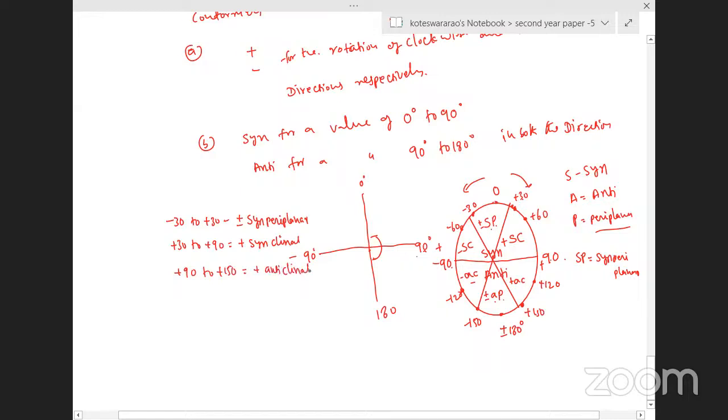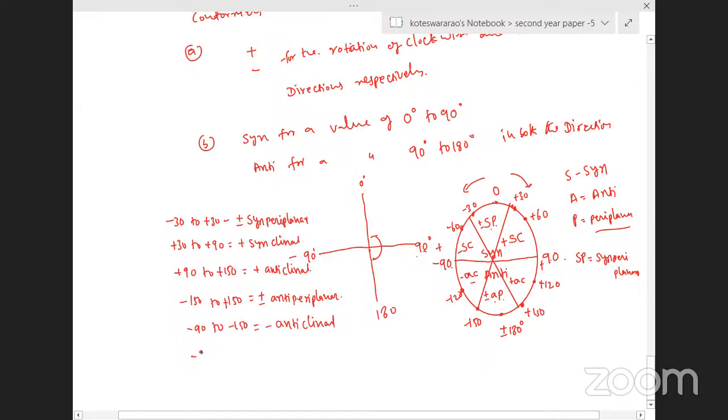And plus 150 to minus 150 is called plus or minus anti-periplanar. Anti-periplanar. Next, minus 150 reverse, minus 90 to minus 150, it is called minus anticlinal.